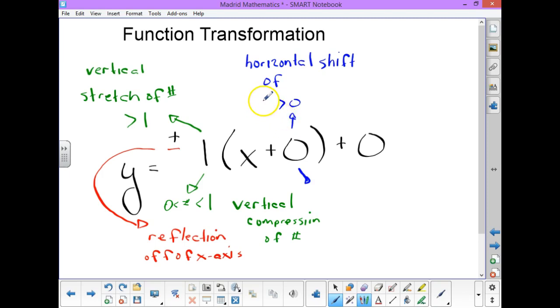If the number is less than 0, so if they put a minus 2, then you're going to say it's also a horizontal shift of that number, in that case minus whatever.